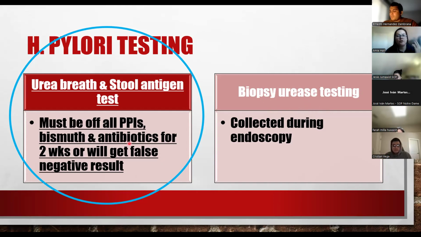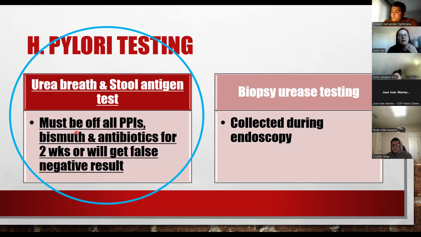All right, so this patient was recently treated for H. pylori. When can we test for eradication? 2 weeks after they've stopped their antibiotics, PPIs, Pepto-Bismol. And this becomes important because PPIs and Pepto-Bismol can be given over the counter.